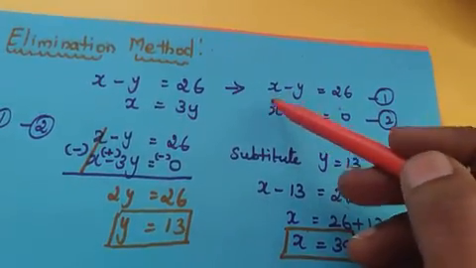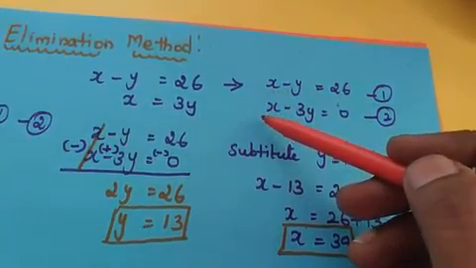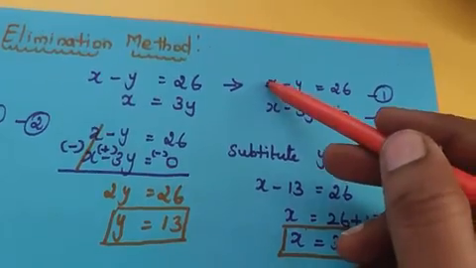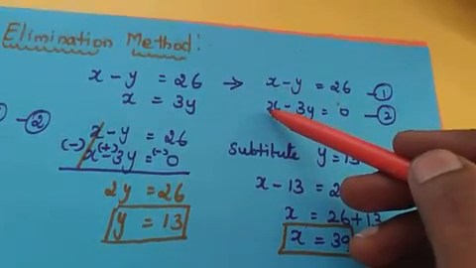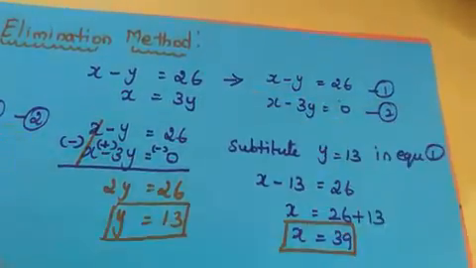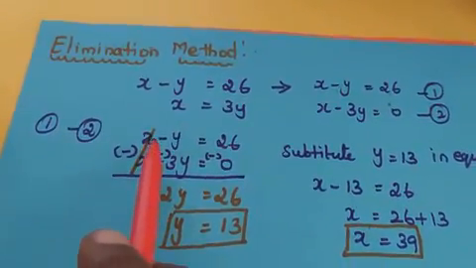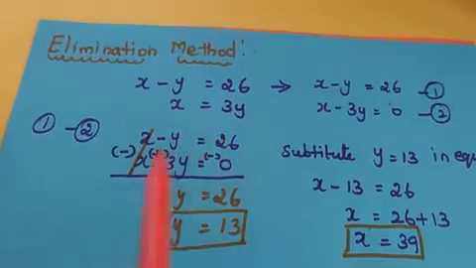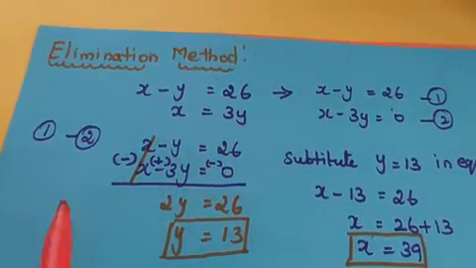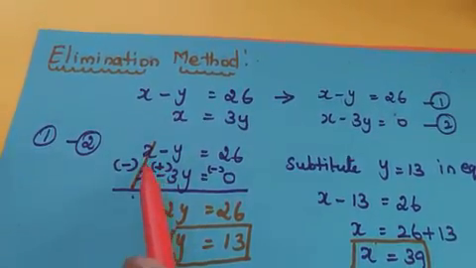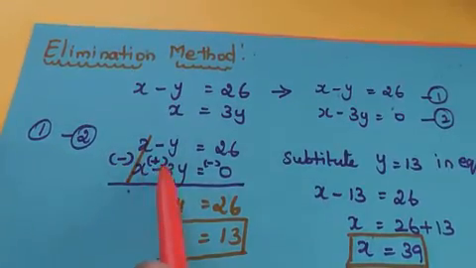Here it is the same, so I am eliminating this x. How can I eliminate? Here it is plus 1, here also it is plus 1. Directly I could not eliminate, so I am going to subtract equation 2 from equation 1. x minus y equals 26, x minus 3y equals 0. I am subtracting this one, which means I have to change the sign.